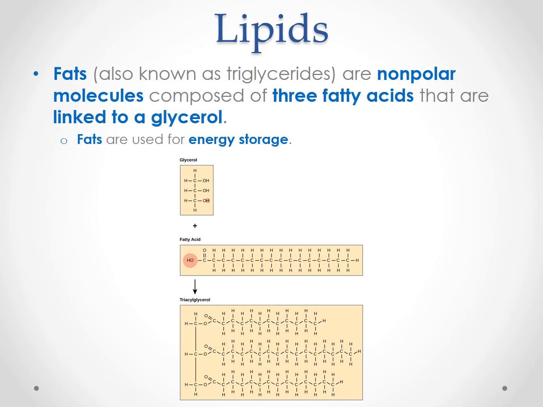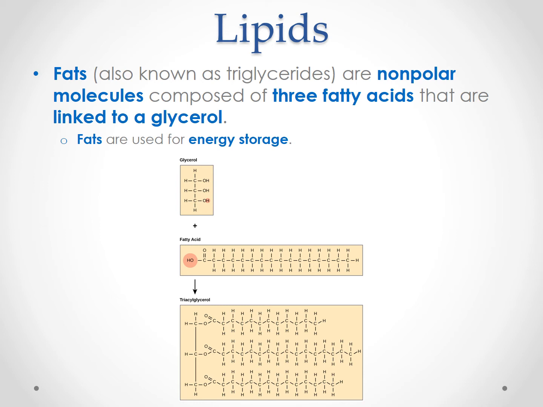So fats, you might also hear them referred to as triglycerides. These are nonpolar molecules, and the thing that will help you distinguish them visually is that they have these 3 fatty acid chains. So you can see these 3, if you look at the very bottom picture, you see those 3 long carbon chains coming off. Those are fatty acid chains. And so those are connected together to, if you look at the very front of the triglyceride, what's called a glycerol.